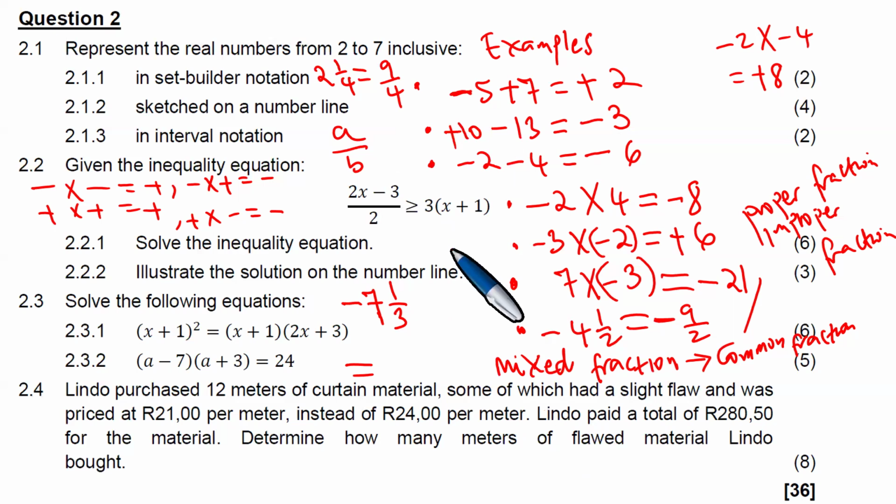What about if we have -7 and 1/3? This makes sense even when we're doing measurements. Sometimes we say, we have 7 centimeters and 1/3 of a centimeter. But how do we write it as a nicer fraction that is common?